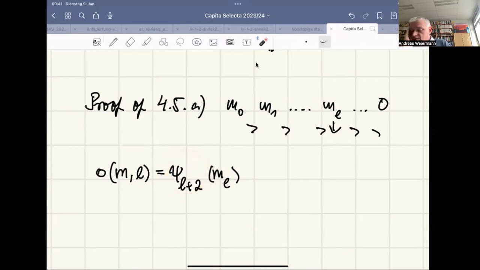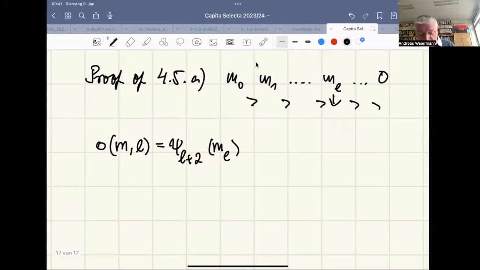Now what is important? The sequence starts here with L equal to 0, but base changes can only be made for bases at least as big as 2. Therefore, I'm adding this plus 2.